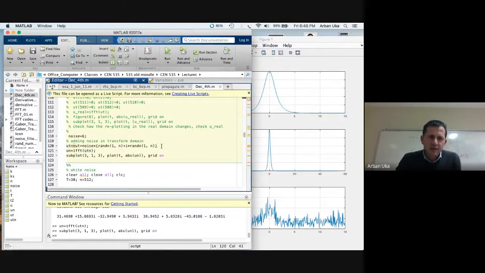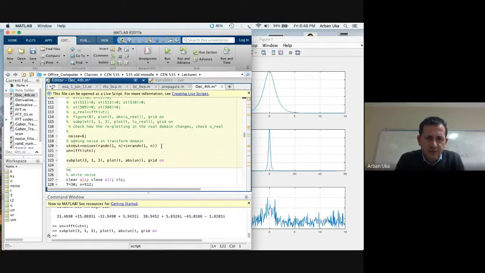In fact, right here, after we take the inverse Fourier transform, we can call this one U, the signal, Fourier transform with T, with noise, and then we can put here IFT, inverse Fourier transform of. So this is how we can denote all the steps. But in principle, I think the rest is clear.